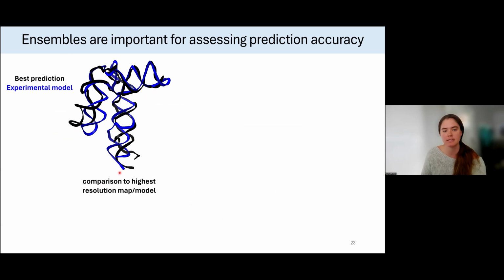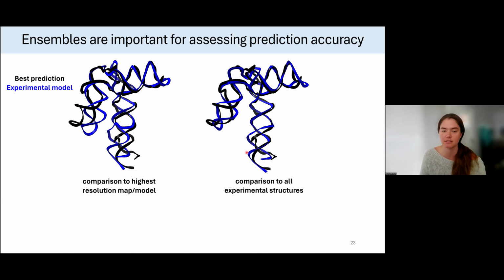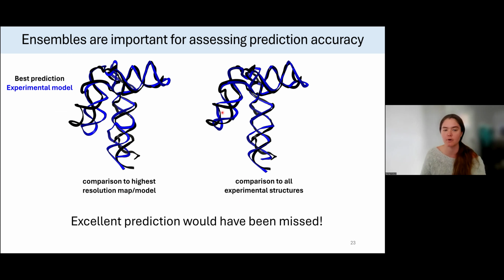So you can see that there was an error essentially in this prediction if I had only deposited this model, where they essentially get this helix orientation wrong, right? But because we're looking at the full ensemble, we can actually see that this prediction is much more accurate than if we were to only compare to the high resolution map, because one of our experimental structures was essentially the same as this prediction, right? At least to a very low resolution. So overall, if we had ignored ensembles, excellent predictions would have been missed, right?